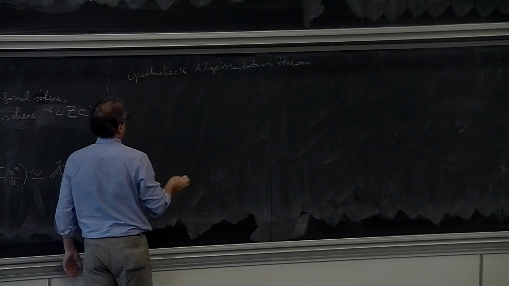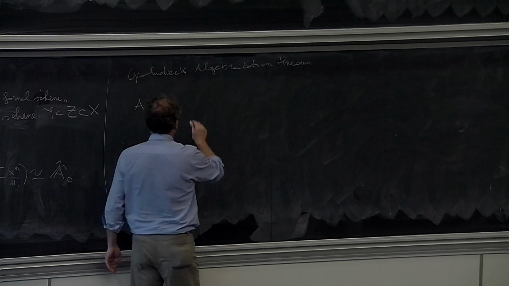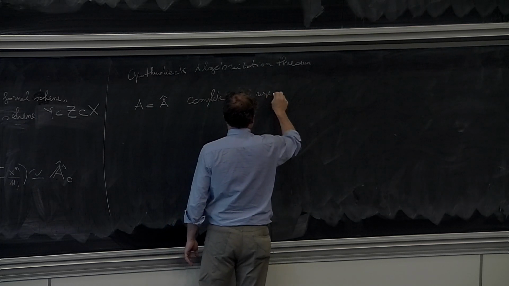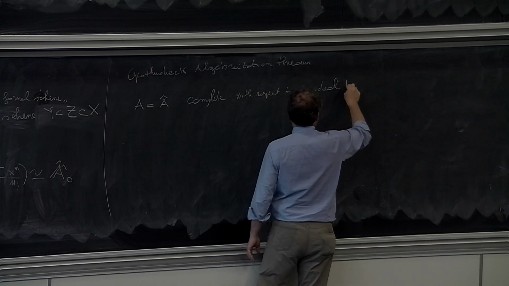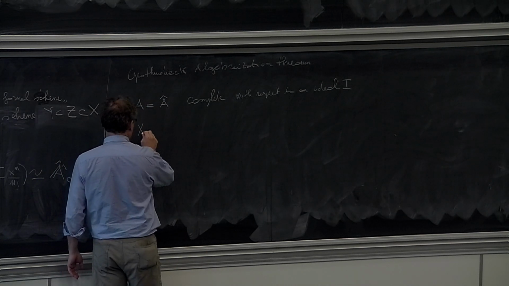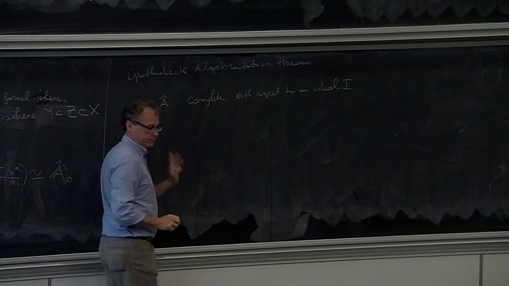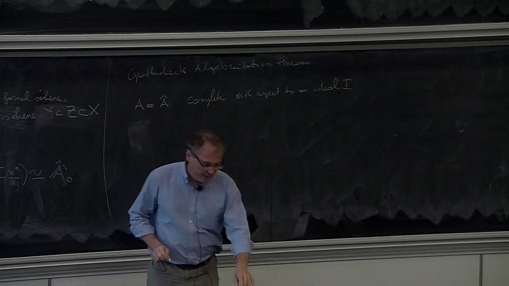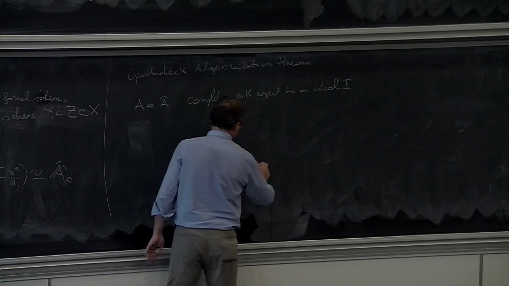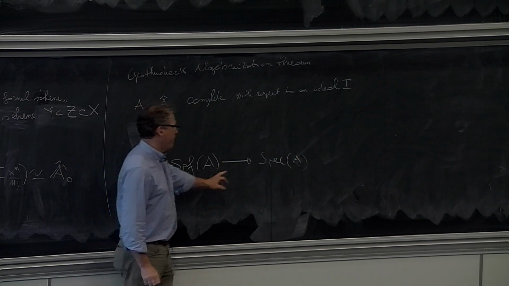So I start with a ring A, which is complete with respect to some ideal I. So no, I will state directly the theorem by Grothendieck. Then I can look at this formal spectrum of A, which is a formal scheme with a map to here.